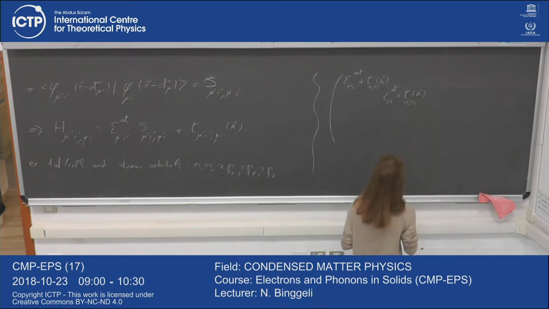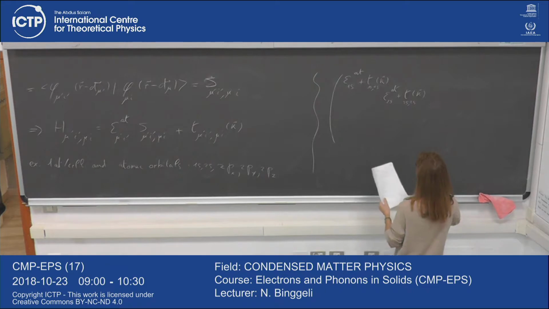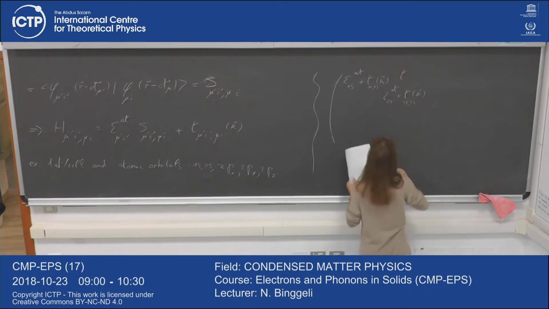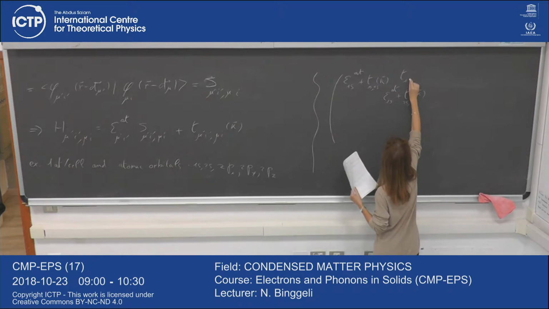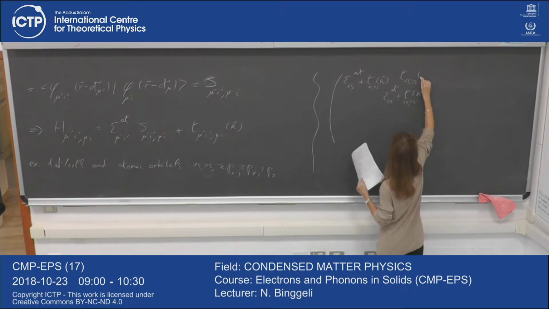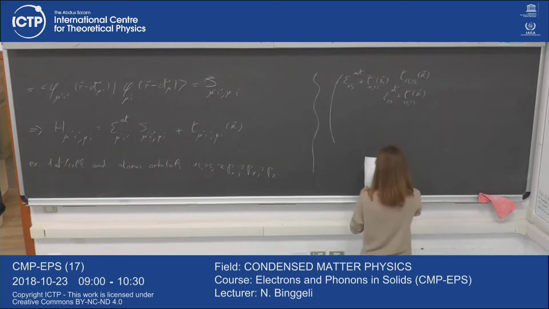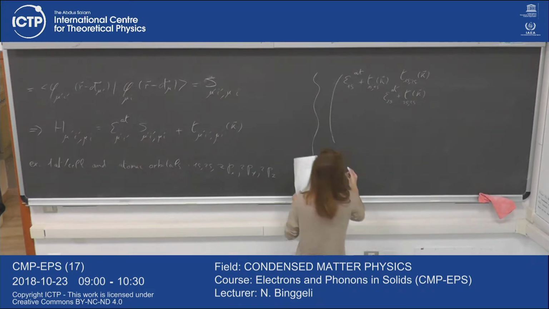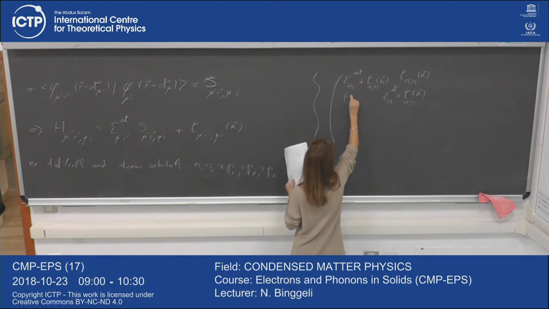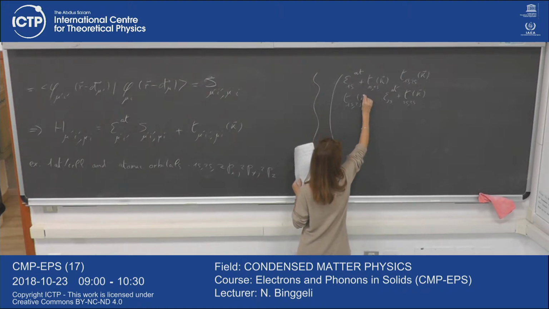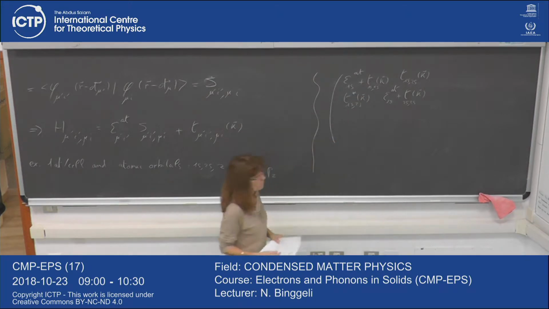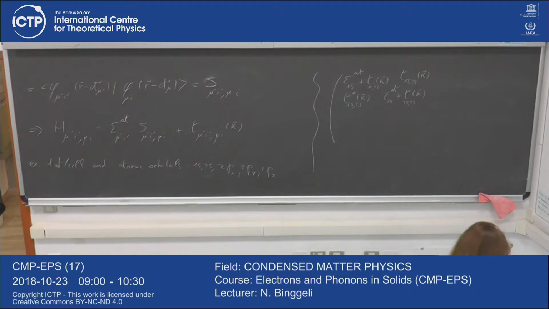Okay. So this is for the diagonal part, and off diagonal, I will have just the T 1s, 2s of k, and then I will have the complex conjugate of that element. One looks at the form of the T. It's just the complex conjugate.